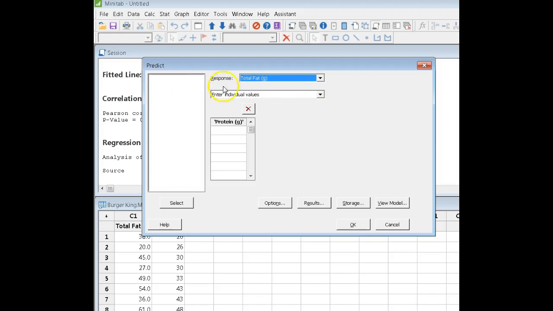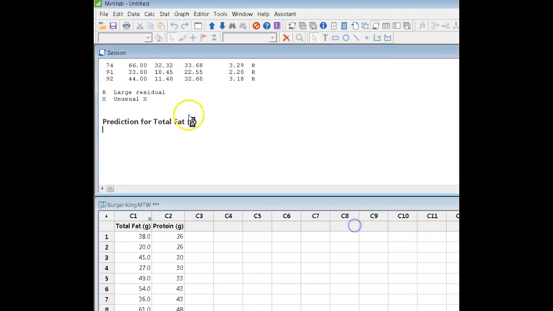Minitab now knows it's using total fat based on, right here, protein. And we are simply going to enter an individual value, and I'm going to enter it right here. The question was, how much fat would there be if the protein content was 29 grams. Now, I could enter a whole bunch of other numbers here if I want, but the question's only asking me for one point, so fine, say OK.